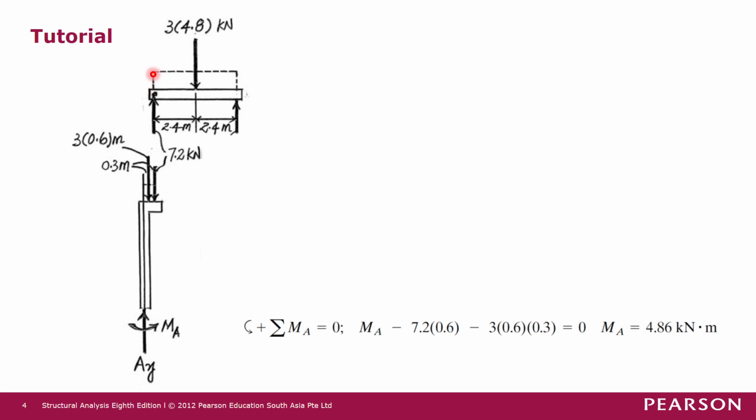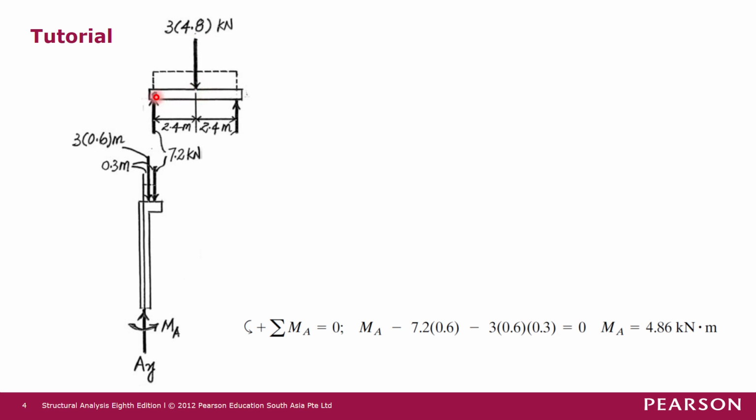When we convert this uniform load to a resultant force, it is 3 kilonewton per meter length times 4.8 meter span. So the resultant we have got is 3 times 4.8, and the unit is in kilonewton.